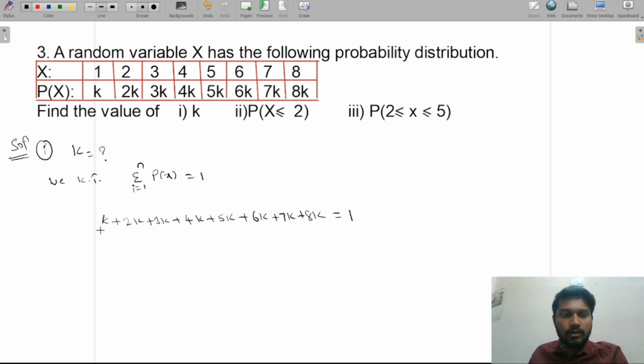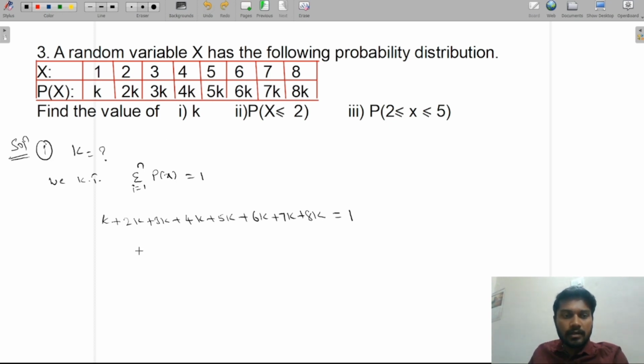Now add all of this: 1 plus 2 is 3, 6, 10, 15, 21, 28 and 36.